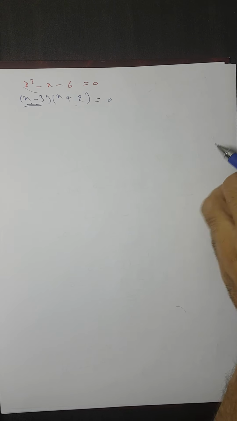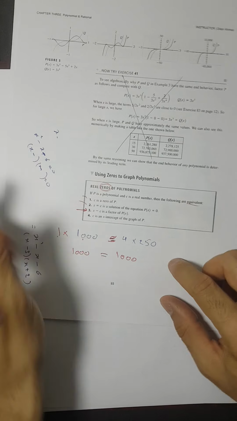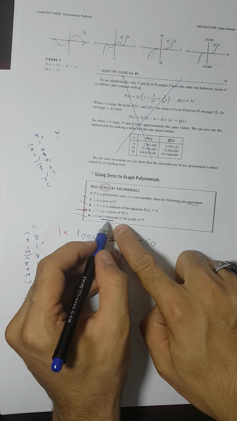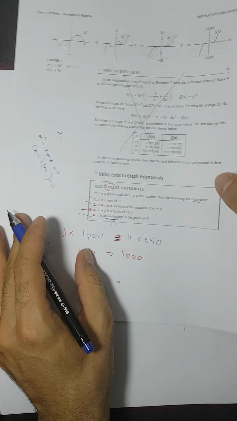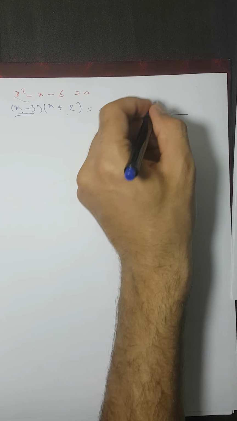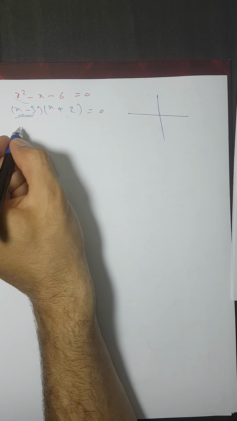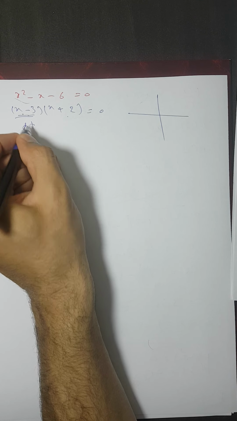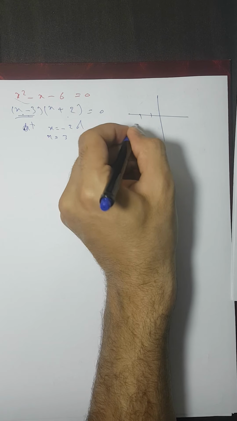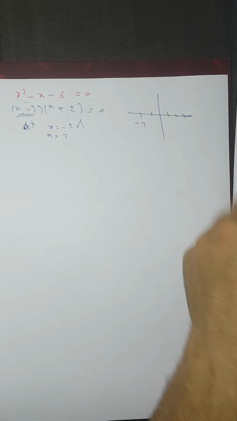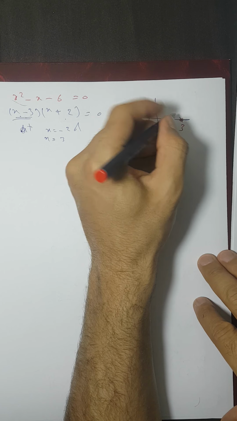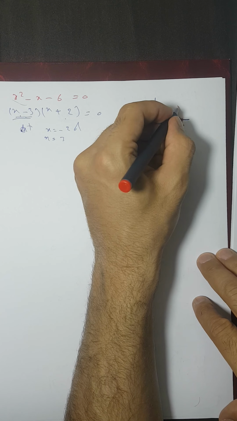What do you mean by number 4? What do you mean by x intercept? Intercepts mean intersection points. What do I mean by that? I mean that if I sketch my graph, at x equal to minus 2 and x equal to 3, I'm sure that I have an intersection.